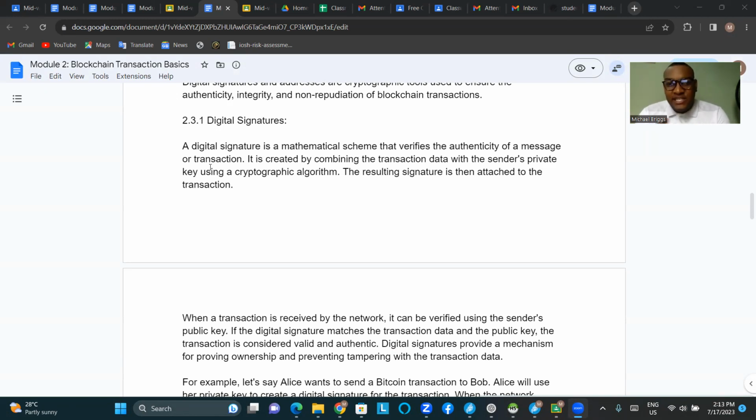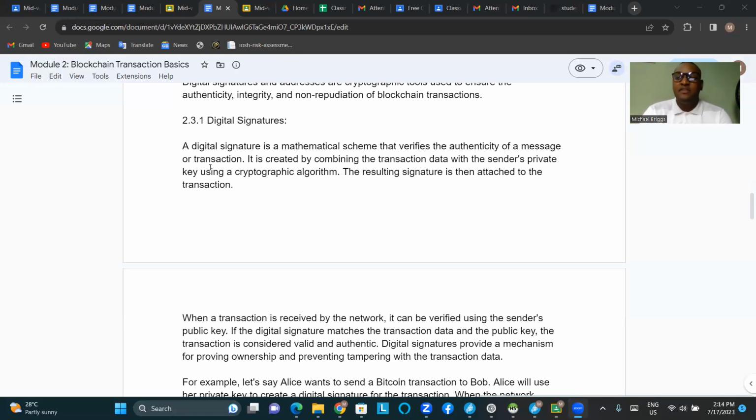However, digital signatures are used to identify all the transactions that are connected to a particular private key. In other words, no matter how many transactions have been done on that particular wallet or private key, you can use the digital signature to access and verify this information.